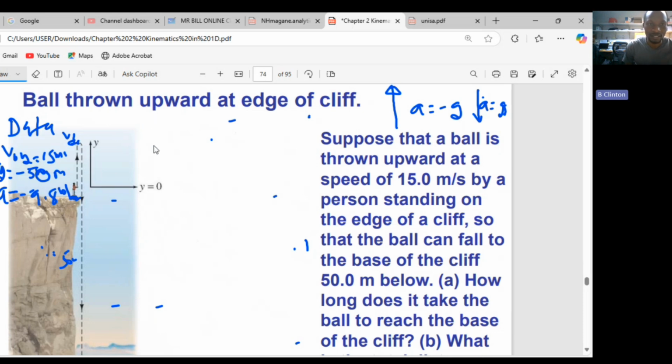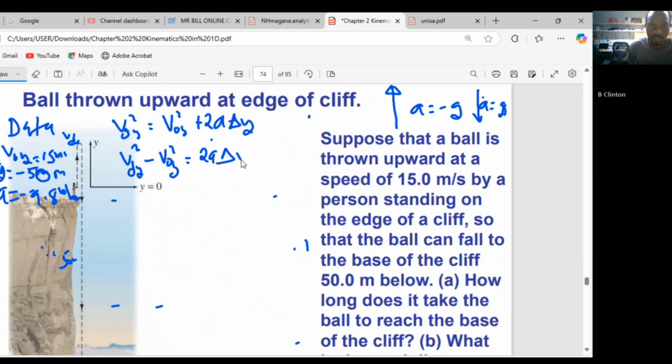So we can then say that our final velocity squared is equal to initial velocity squared plus 2 times a change in y. We can say v final squared minus v naught squared is equal to 2a delta y.